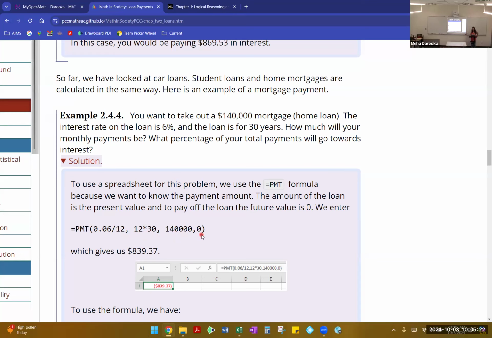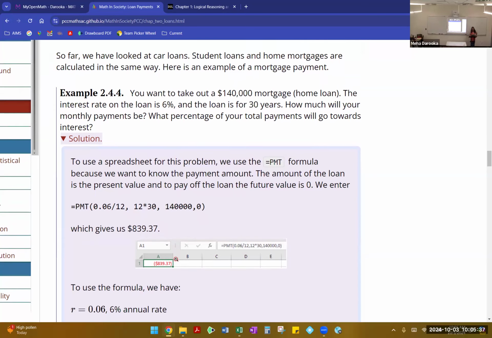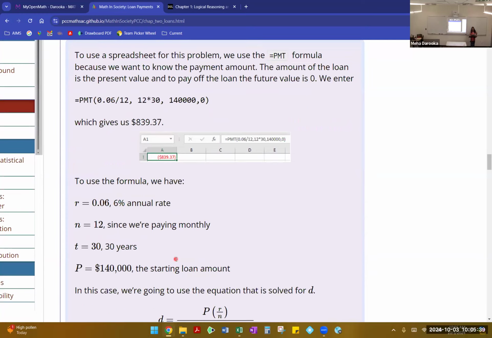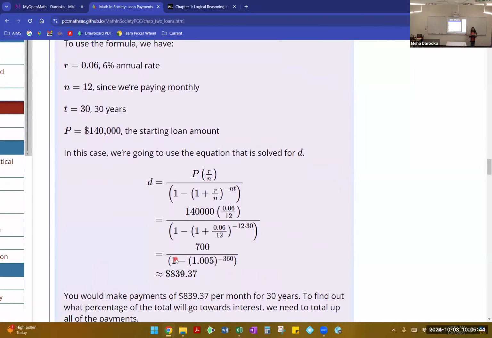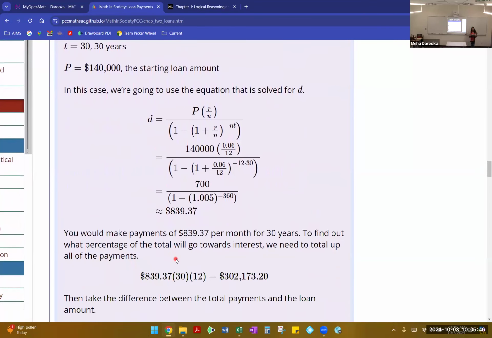Our future value is going to become zero. So that last argument is zero. So this is showing us that if we take a mortgage of $140,000, the monthly payments will be $839.37, right? And then again, you can see the traditional formula when we try to figure out what our regular payments will be gives us obviously the same dollar amount.